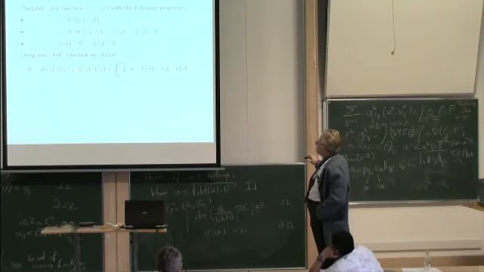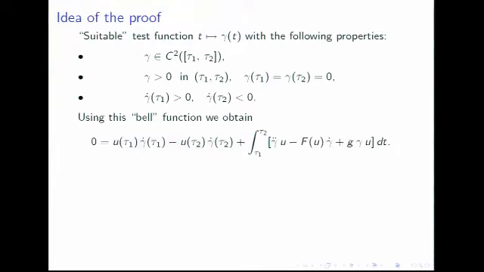gamma dot gamma tau 1 minus u tau 2 dot gamma tau 2 plus the integral from tau 1 to tau 2 of double dot gamma u minus capital F u dot gamma plus g gamma u dt.